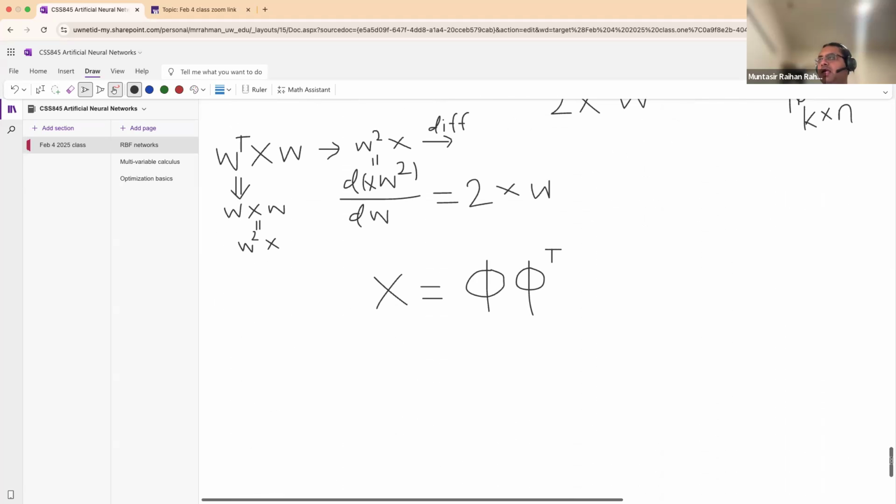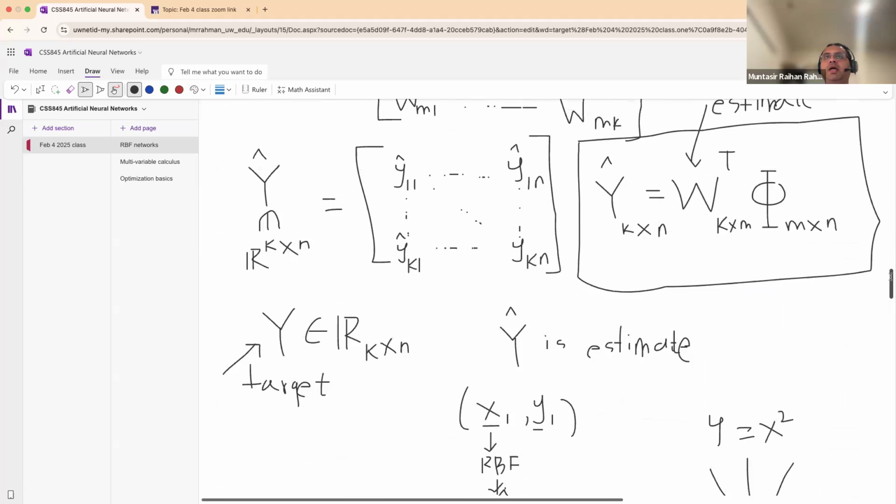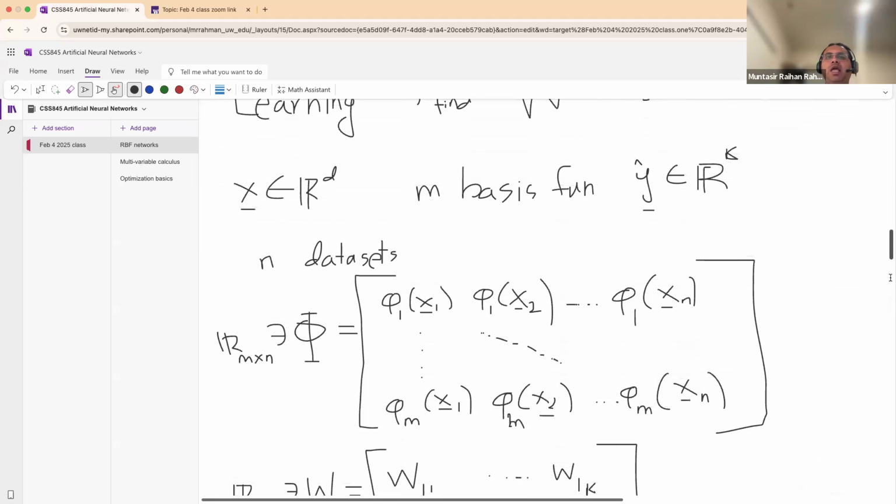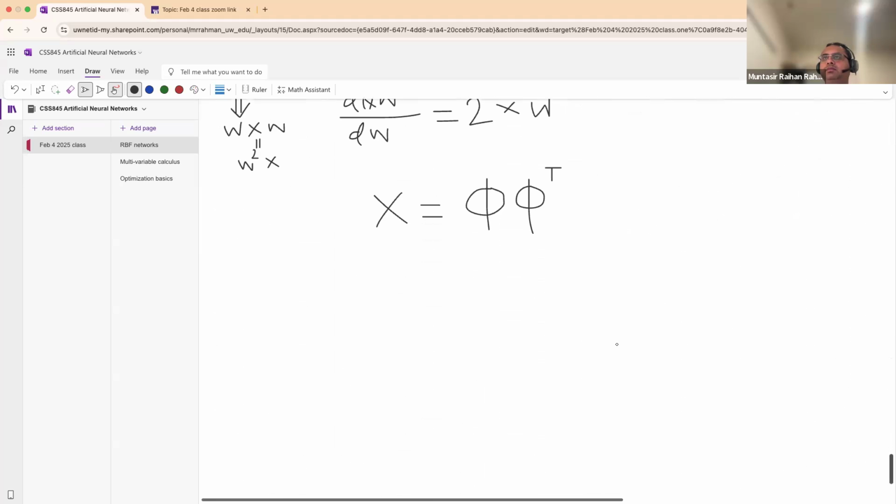What is the dimension of phi? Let's go back. Phi had dimension m by n. And then phi transpose is n by m. So x has dimension m by m.